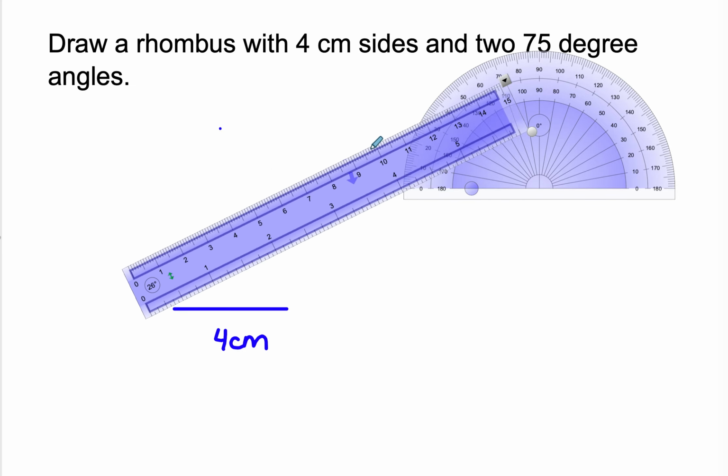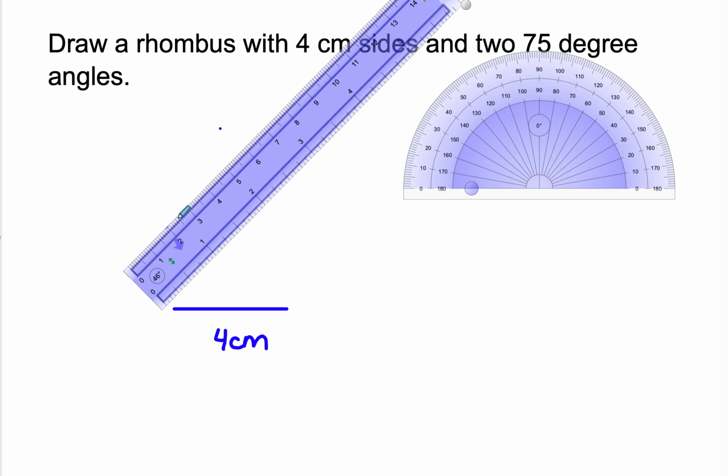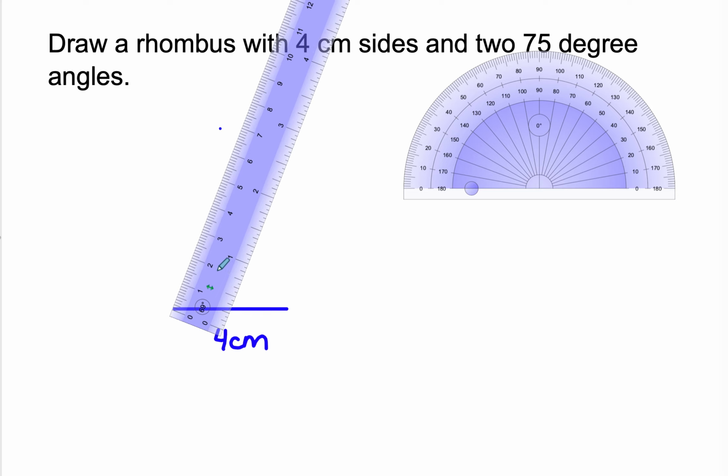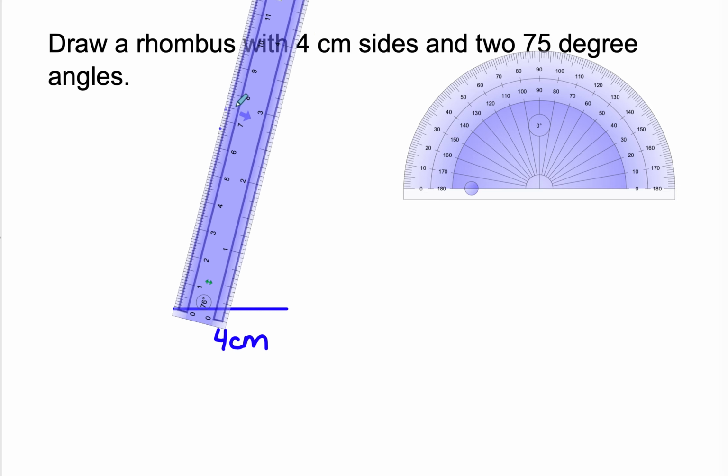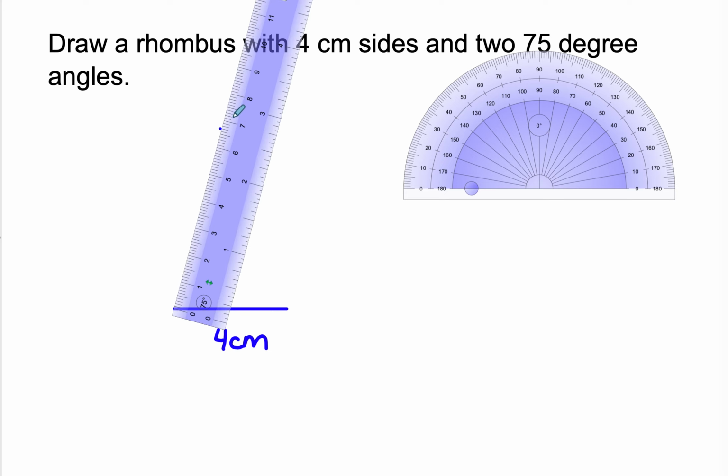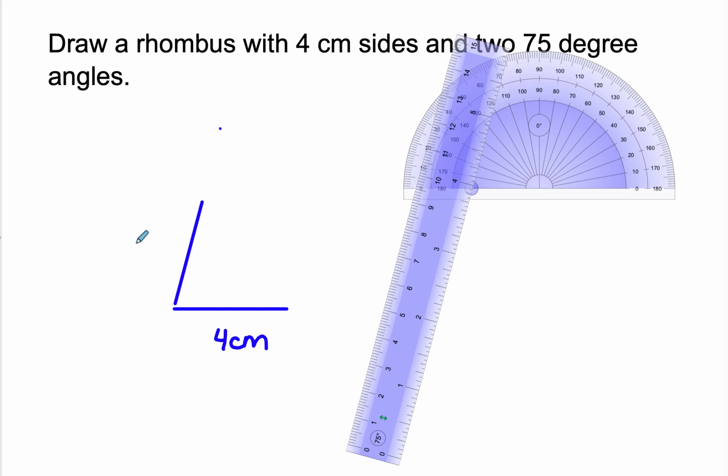Rhombus means all the sides are the same length. So when I'm lining things up here, I need to make sure that my sides are the same length. Here it is 4 centimeters. So I'm starting at 0, going up to 4. Okay, gonna line this over here. 4 centimeters. This is 75 degrees.